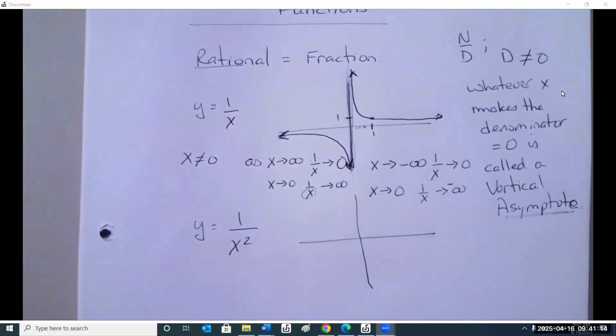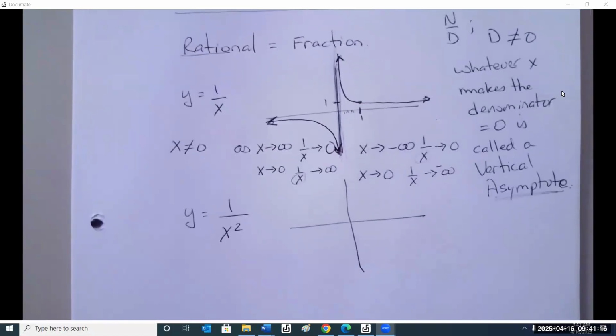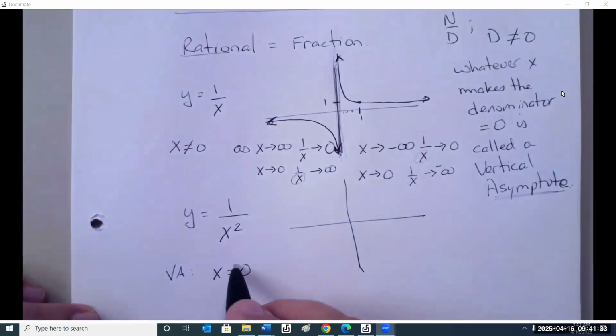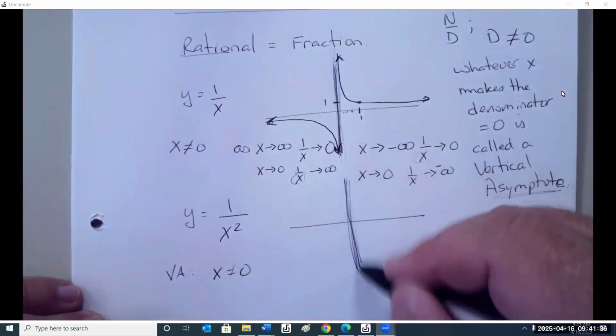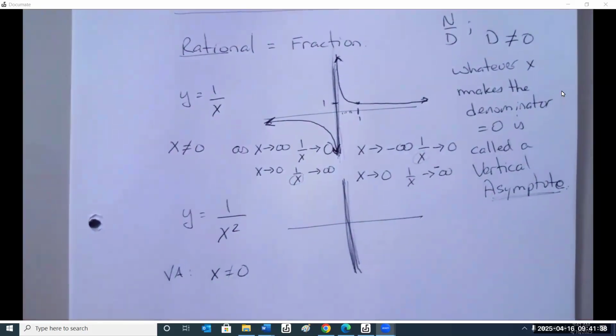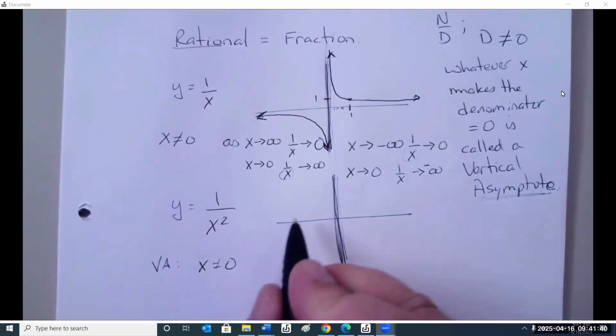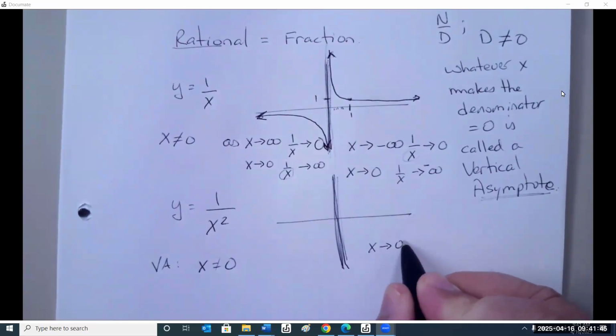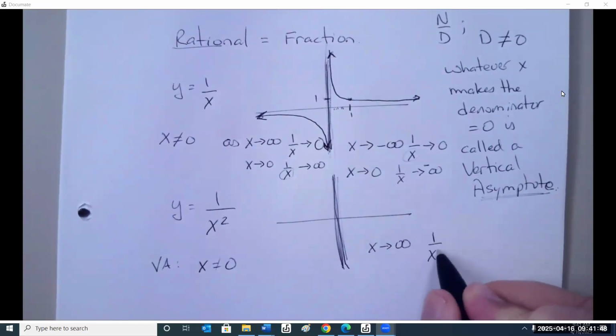What about this one? Do we have a vertical asymptote? What is it? Right. Our restriction is we cannot have x equal 0. So we have a vertical asymptote there. On the positive side, as x goes to positive infinity, 1 over x squared goes to where?